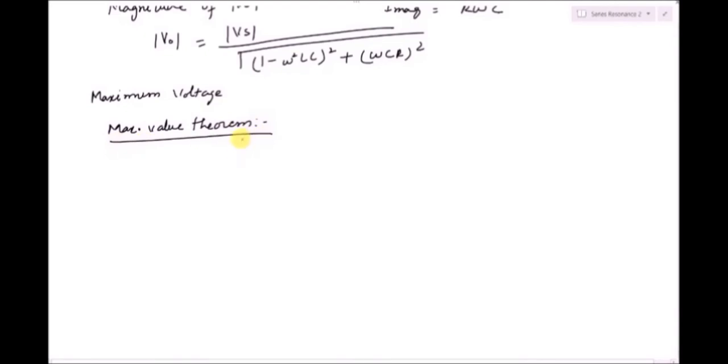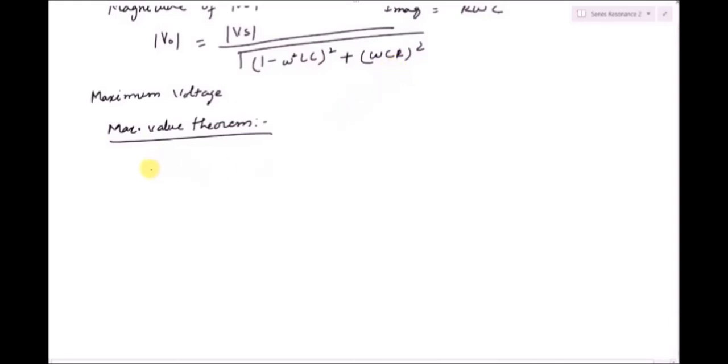That states that I have to take the derivative of the function, which is 1 over under root (1 minus omega square LC) square plus (omega CR) square, with respect to the variable. In this particular equation, the variable is the frequency, and all the other quantities, the inductor, capacitance and resistor, are constant values.